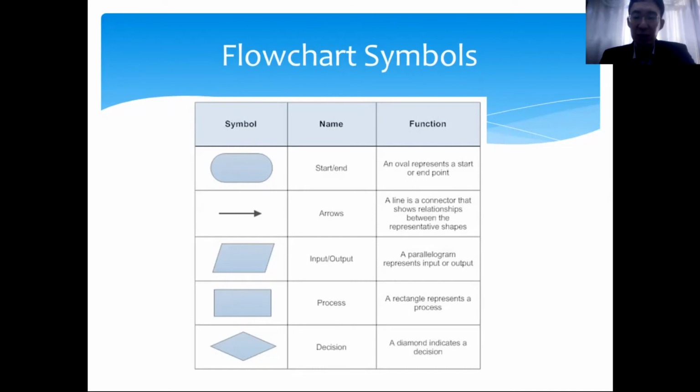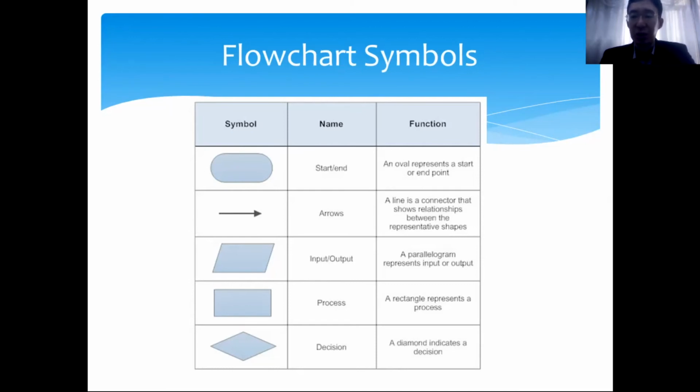Then we have the diamond, where we have to make a decision. In a flowchart it is usually yes or no, true or false, so we usually have only two options. If we have more options to cover, we can have several diamonds. It can help us to solve a difficult problem, but usually this is how we show that.